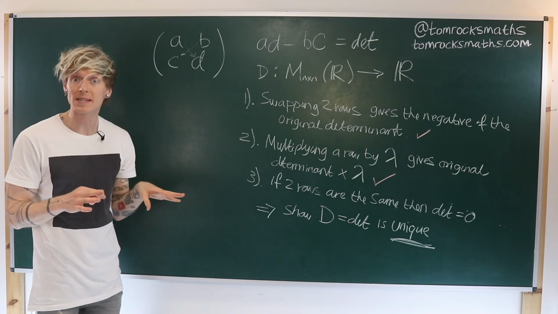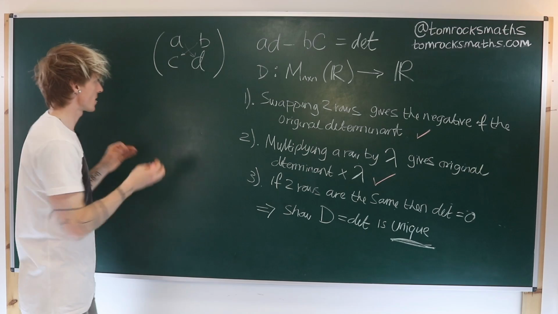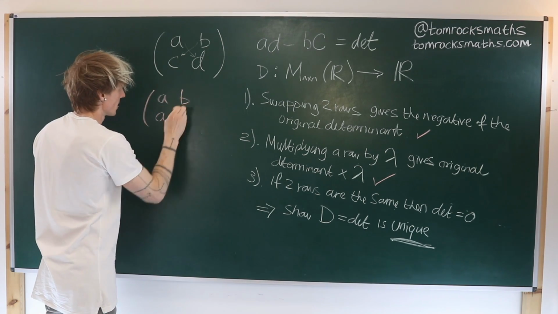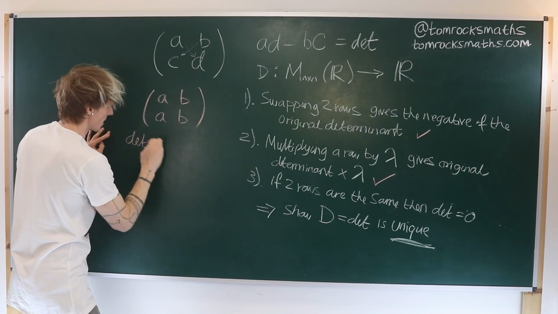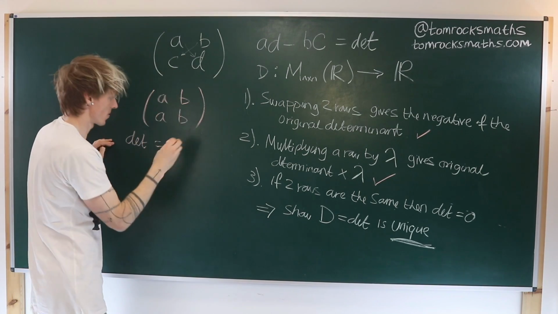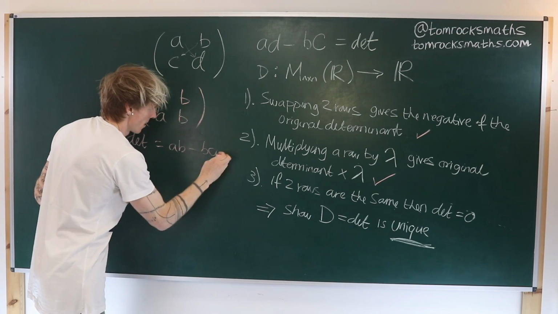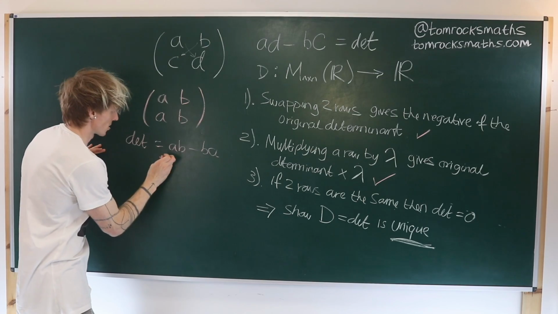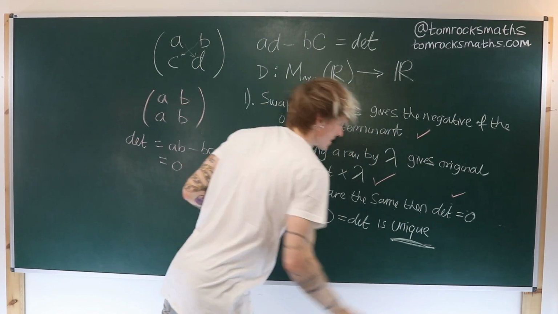For the third property, we need a repeated row in our matrix. So let's just write out the first row twice, so A B and A B. Then if we calculate the determinant, again it's top left times bottom right, so that's AB minus BA. But once again, A and B are scalars, real numbers, so this is just 0. So property 3 is also satisfied.